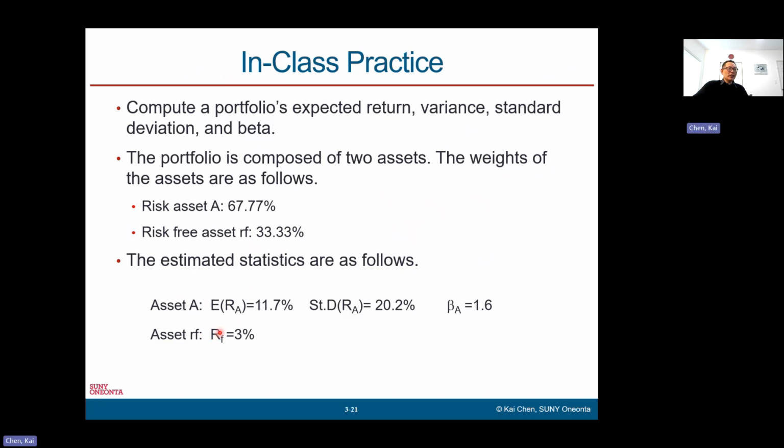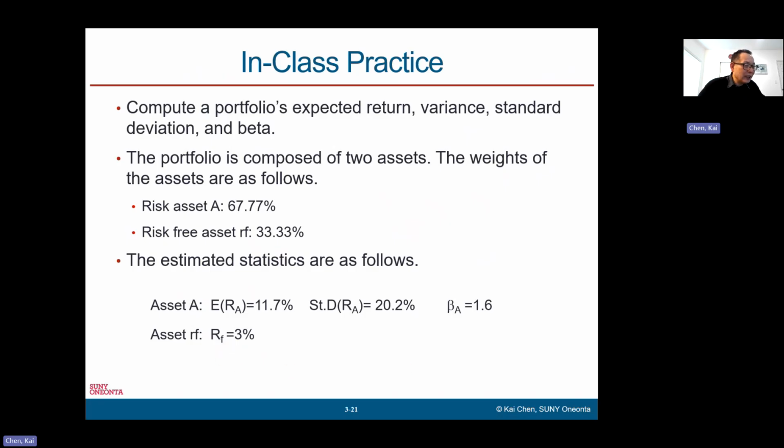We should know the variance and covariance between any pairs of two assets in the portfolio. Then what is the covariance between asset A and the risk-free asset? What is the variance of asset A?